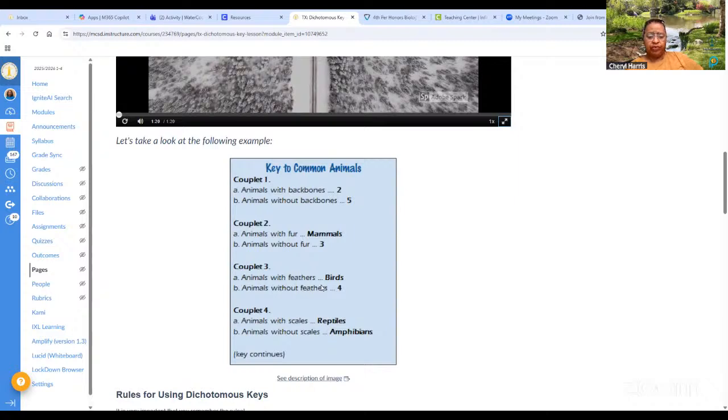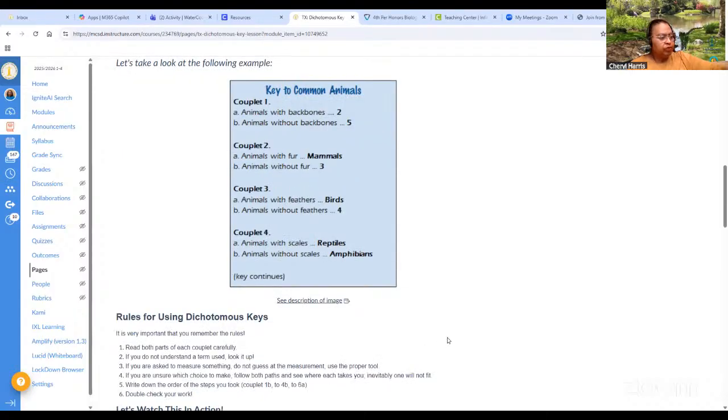If it has feathers, it's a bird. If it does not have feathers, go to step four. And they're looking at scales. If it has scales, it's a reptile. If it doesn't have scales, then it's an amphibian. And it usually goes like that. And it just continues on and on until you get to where you've named everything in the selection.